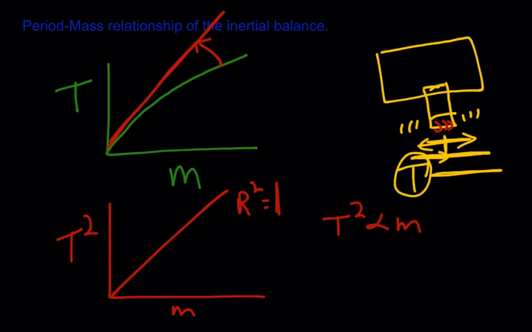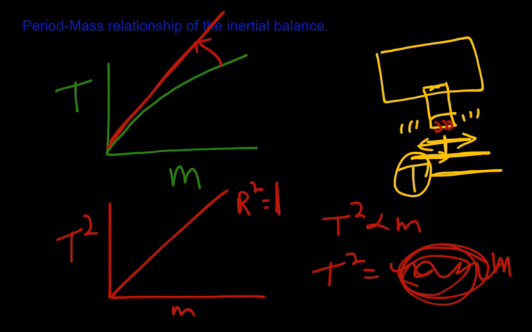This isn't an equation. We don't know what the entire equation is, but somewhere in there we do have T squared equals, and somewhere in this big equation we have mass. We know that because period squared is related to the mass. If everything else remains constant, then the period squared is going to be proportional to that mass.